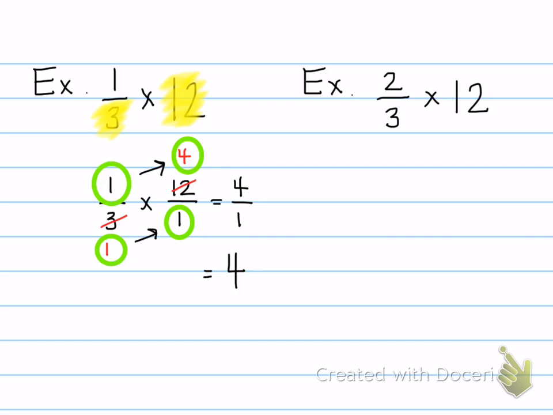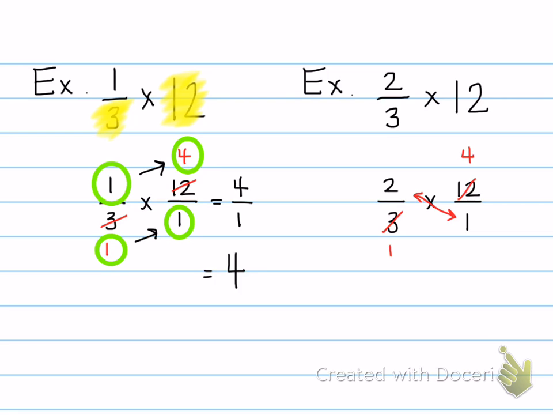So I'm going to take 2/3 times 12 over 1. I see again that 3 goes into 3 one time, and 3 goes into 12 4 times. I look at my other diagonal, 2 and 1, nothing I can do there.